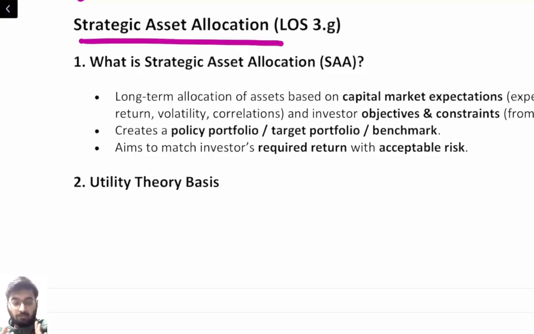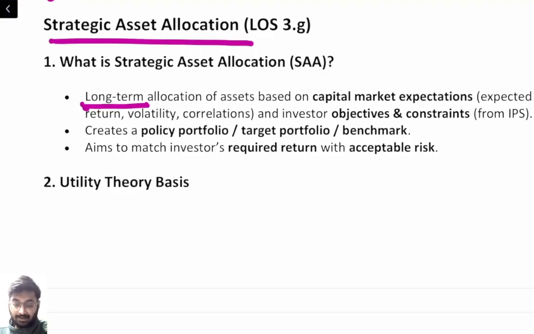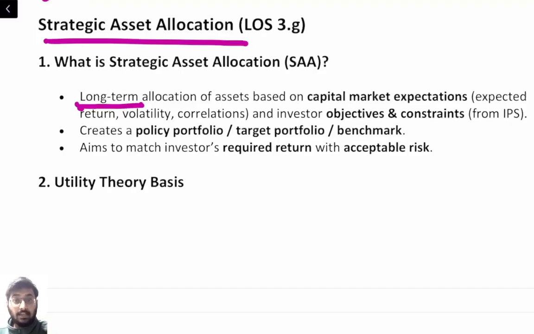First of all, it's a long term plan which will decide how much money to invest in each asset class based on market expectations, investors' objectives, and investors' constraints. These are the three things to be kept in mind: market expectations, objectives of the investors, and constraints of the investors. And it is not short term trading.